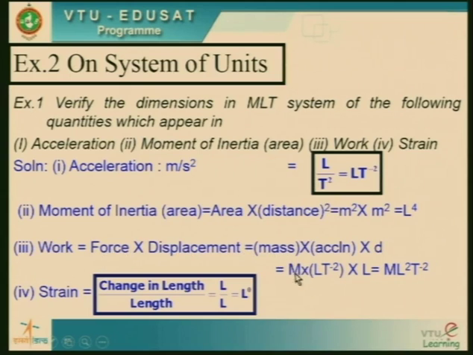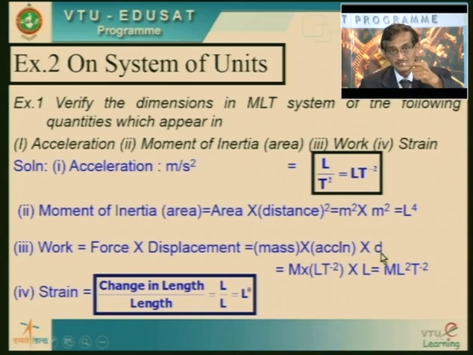Mass represented by M, acceleration just now we did it, LT minus 2, and displacement is a distance, again in meters, it is L. So, let us combine this: M to power 1, L to power 1 and L to power 1, L square, T to power minus 2. So, work done is represented by the dimension ML square T minus 2, based on mass into acceleration into displacement. Is it okay?